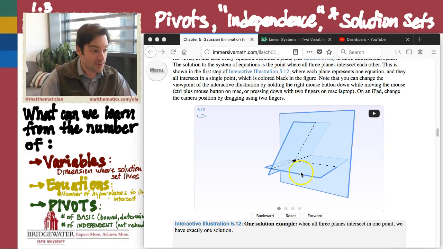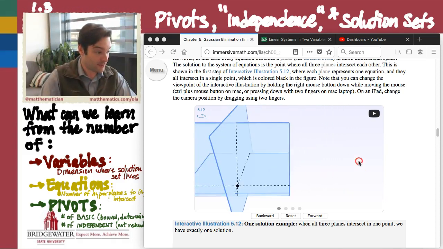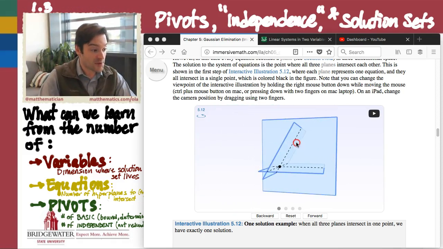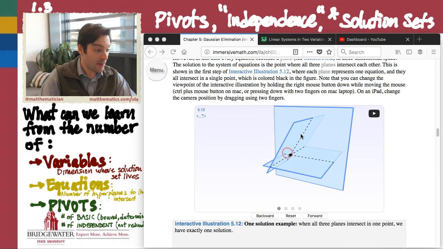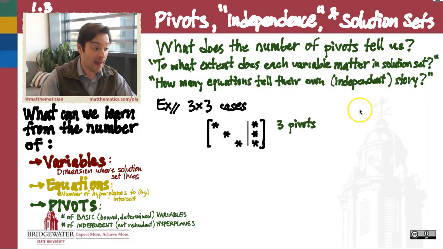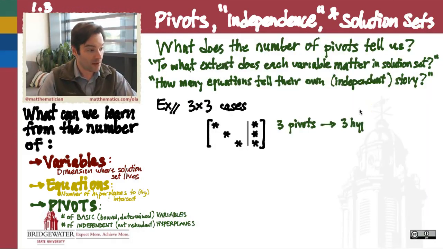And because I have 3 planes here, there are 3 pairwise intersections, giving me 3 lines, and those 3 lines all come together at a common point in this example. So this is the arrangement of the hyperplanes in the case where I end up with 3 pivots, right? That the 3 hyperplanes intersect at a single point inside the space, and so my system has a unique solution.